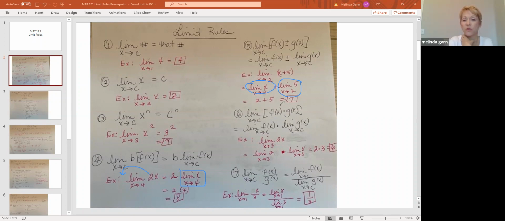Now, it also works with multiplication and with division. You can separate them. So if you've got a limit of a product, you can do the limit of the first one times the limit of the second one. So another way of working this problem down here, some people would see it as a 2 times an x. So you could do the limit of 2 times the limit of x.